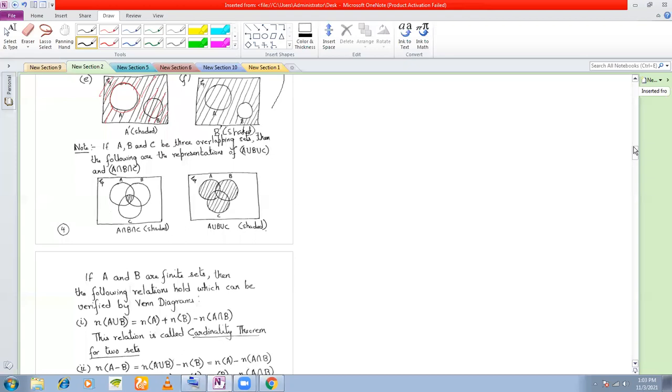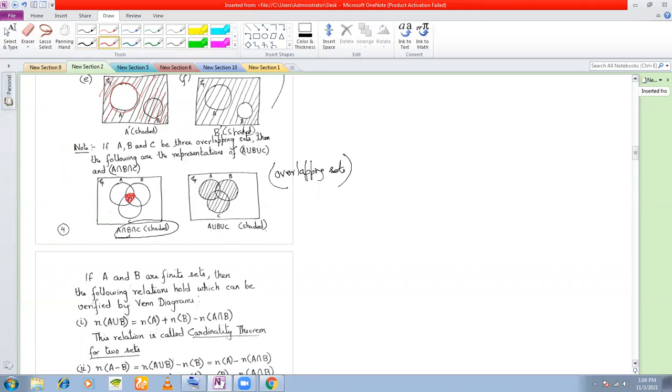Okay. Now for three sets, just to give you an idea, I've given you three sets also. These are again for overlapping sets. If three sets are overlapping, then how do you draw A intersection B intersection C? You see only this common area between the three circles.